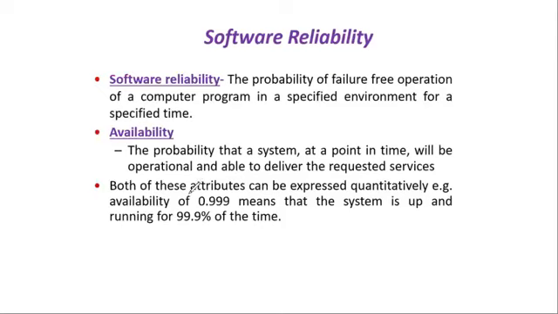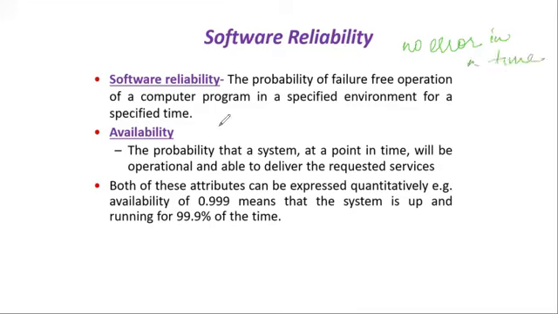Software reliability means the probability that there is going to be no error or no failure within the system when you're executing a specific program at a specific time. That is your software reliability. No error in a specified time.